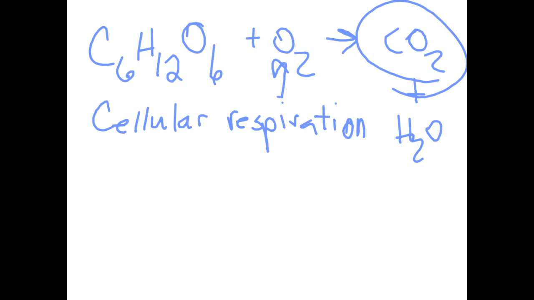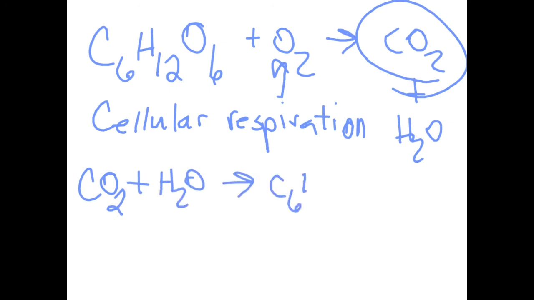Okay, cellular respiration. That's this process. Glucose plus oxygen produces carbon dioxide and water. Well, let's write it the other way. Carbon dioxide plus water produces glucose plus oxygen. Who does that? We don't do that.